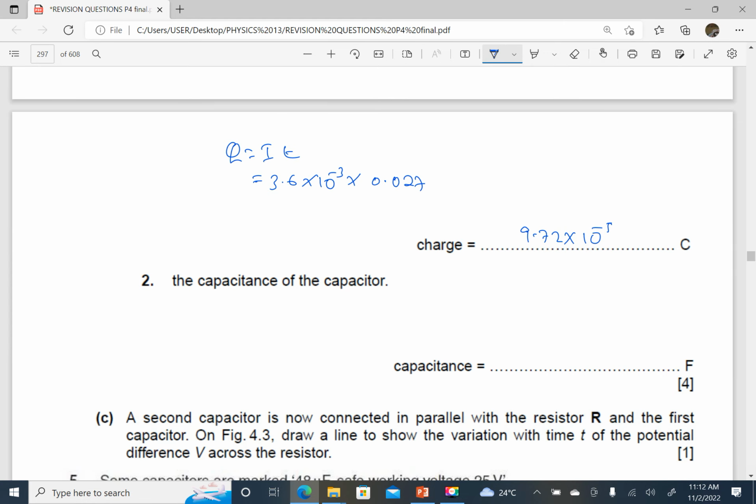Using your answer again, Roman 1, we want to calculate the capacitance of the capacitor. The capacitance is simply the charge over the difference in PD during discharge. The charge passing through the resistor during one discharge is 9.72 times 10 power negative 5.